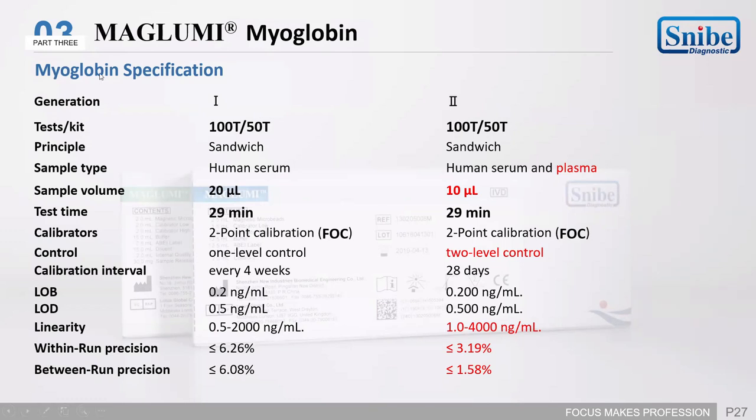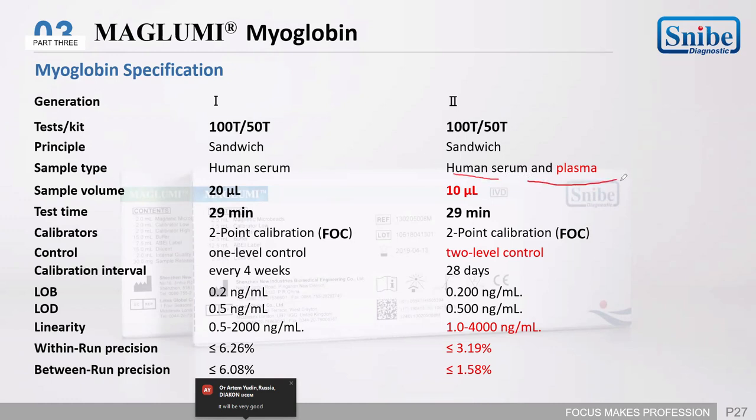And if we talk about the myoglobin specification, we have two generations for the myoglobin assay. The first generation and the second generation, they both have an availability of 100 tests and 50 tests. The test principle is based on a sandwich principle. In the second generation, we have improved the sample type.